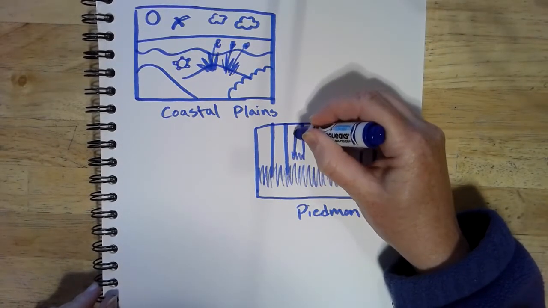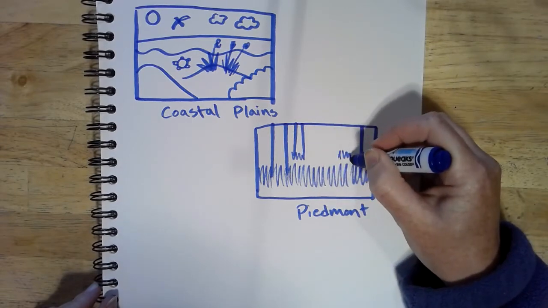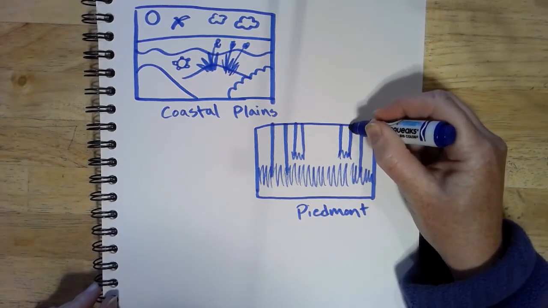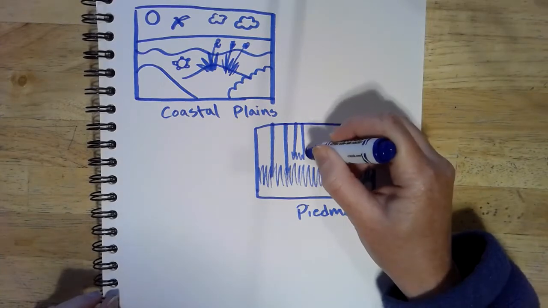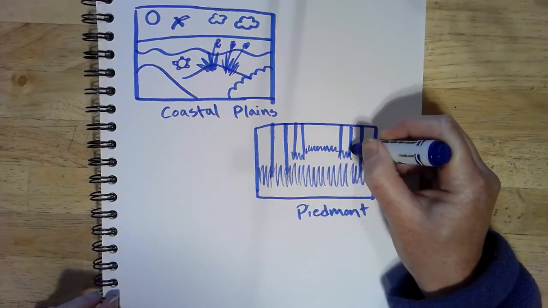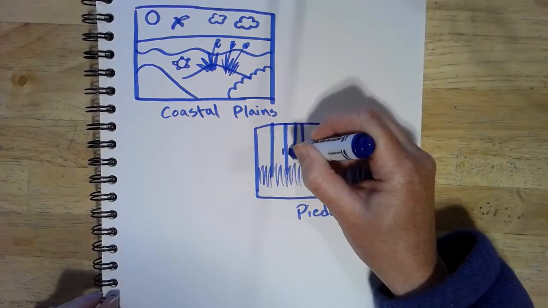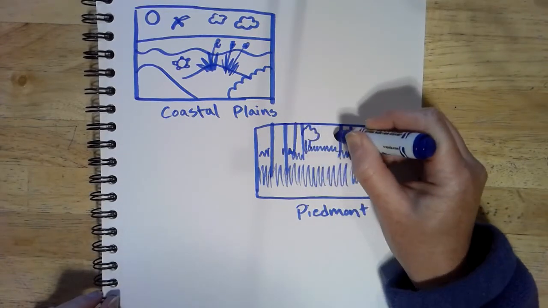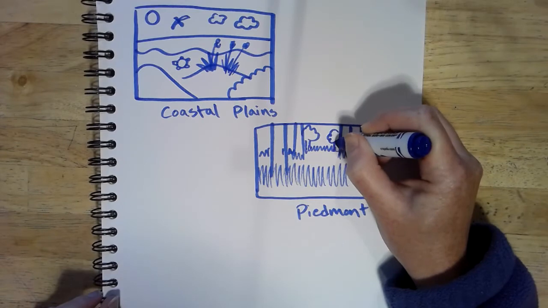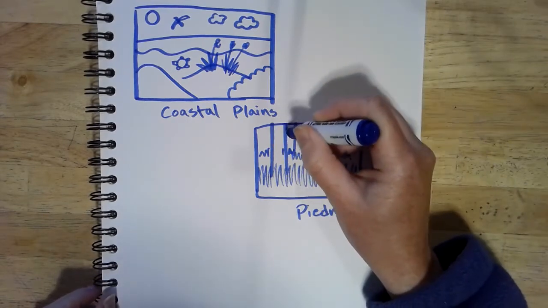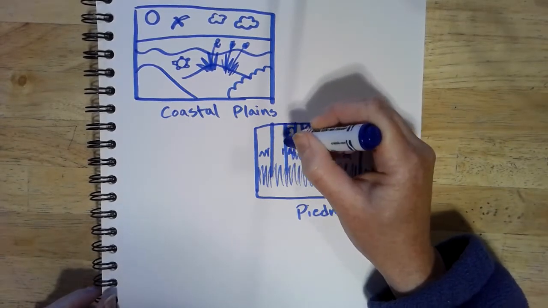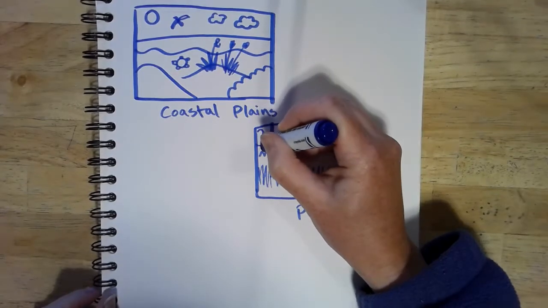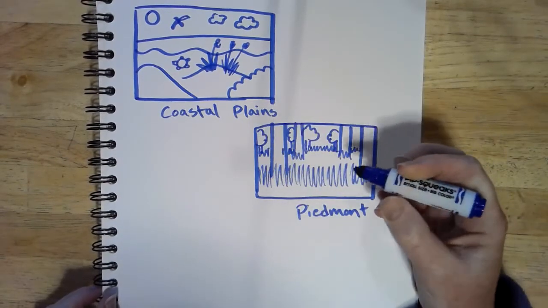Trees that are further away. And you can have, like, in the very background, some trees that are very far away. But that would be an example of Piedmont. We have a lot of forests with flat ground.